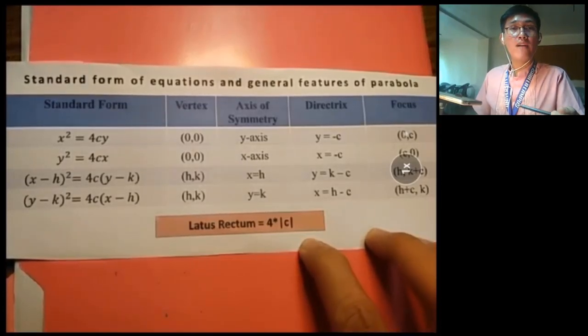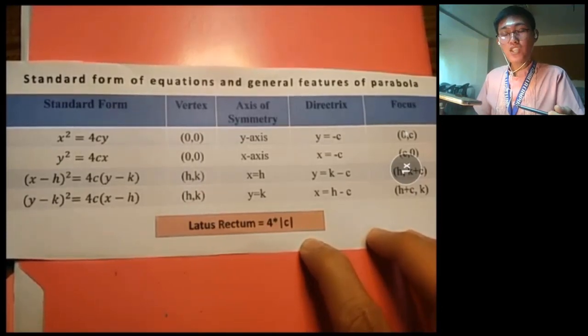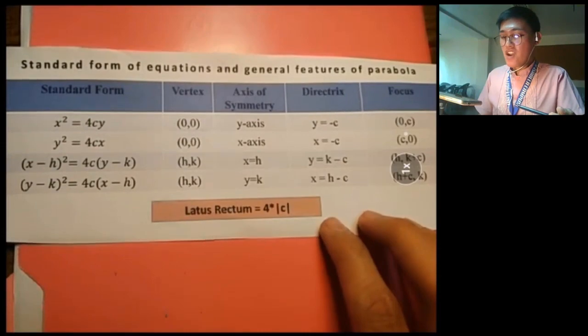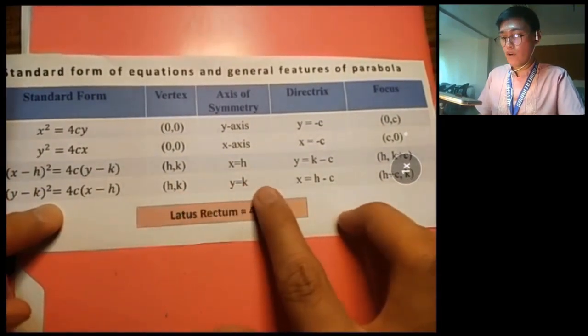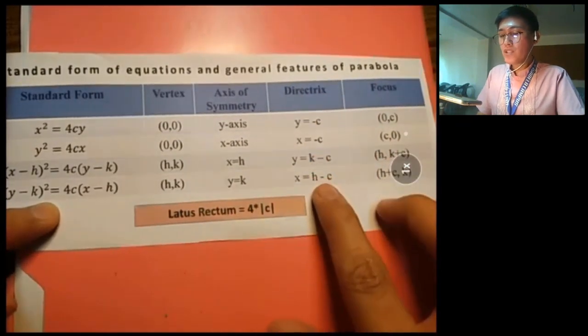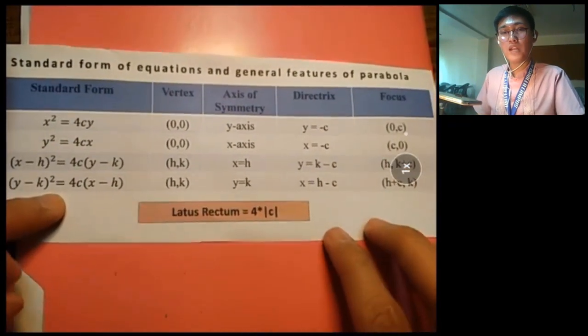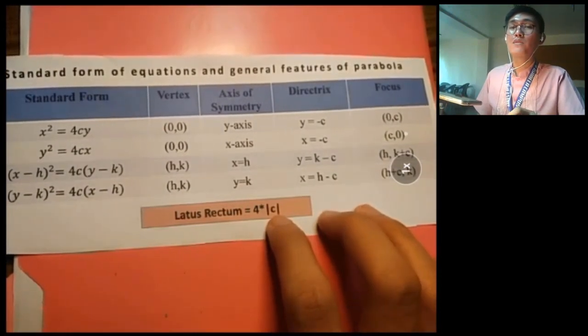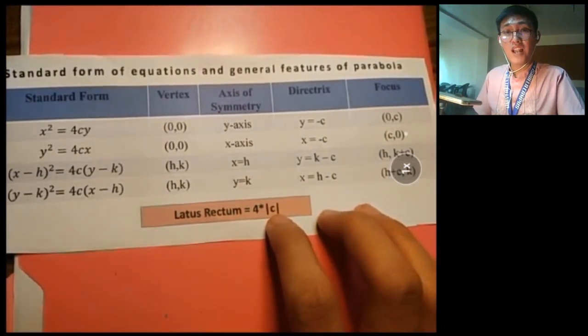And also we have y minus k squared is equal to 4c times x minus h if the parabola opens to the left and to the right, but our vertex is at h, k. And here are the corresponding formulas for the vertex, the axis of symmetry, the directrix, and the focus. And also we have here the latus rectum, which is 4 times the absolute value of the focus length.